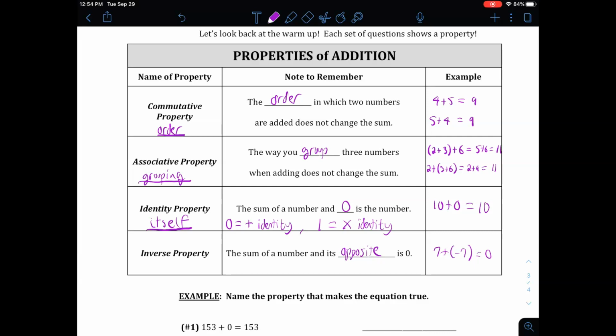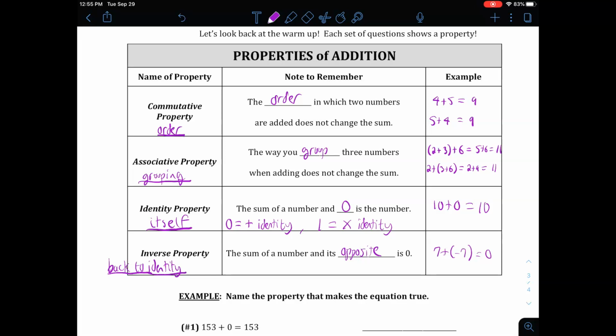Okay. So inverse property means it gets back to the identity. Or it goes back to 0, that is. Okay? So inverse property goes right back to identity. So these are the properties. We have a commutative property, associative property, identity property, and inverse property.